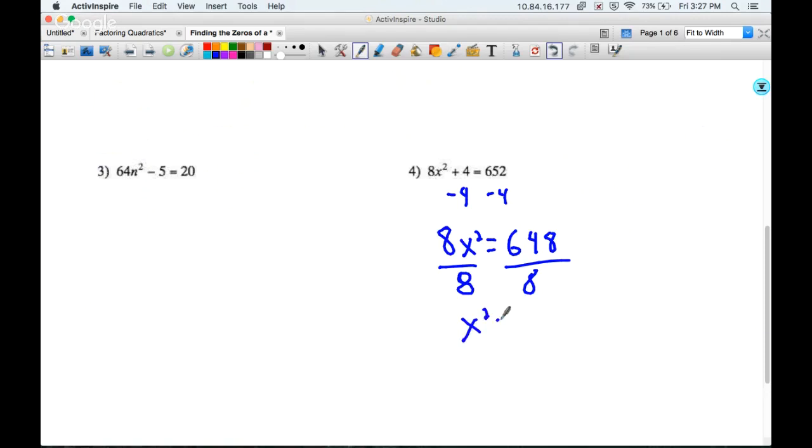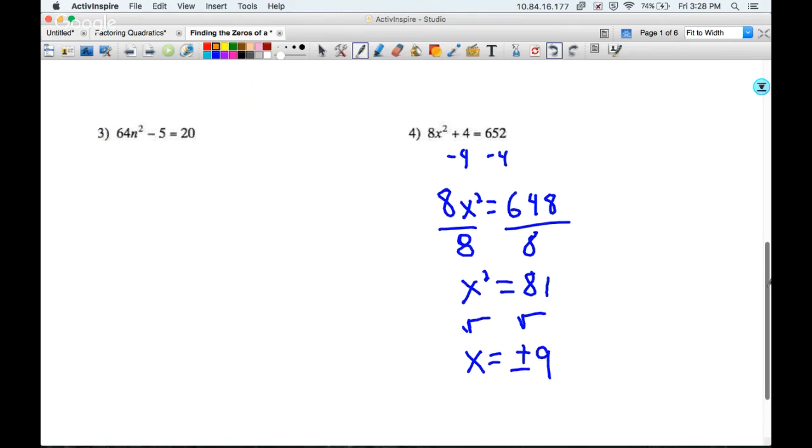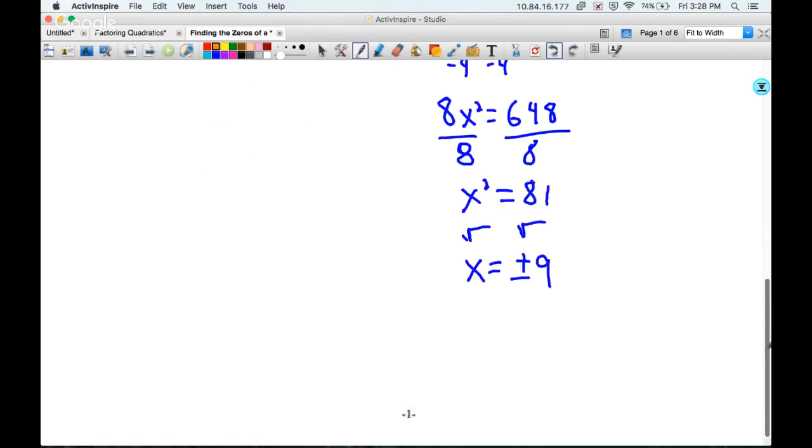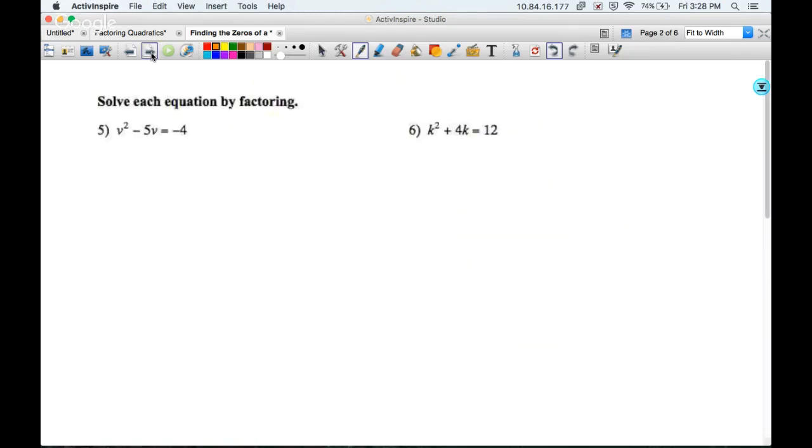And get x squared equals, grab my calculator, 648 divided by 8, 81. Square root, x equals positive and negative 9. All right, we should be good on those types of problems. Don't make your life more difficult by trying to factor something like that. If you don't have a b term, you don't need to.